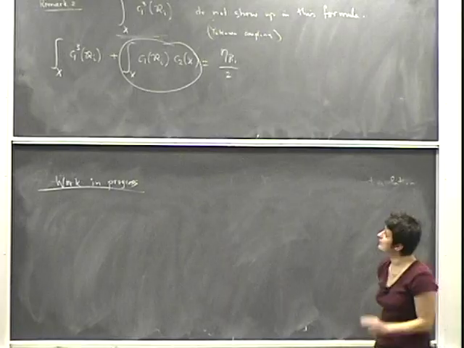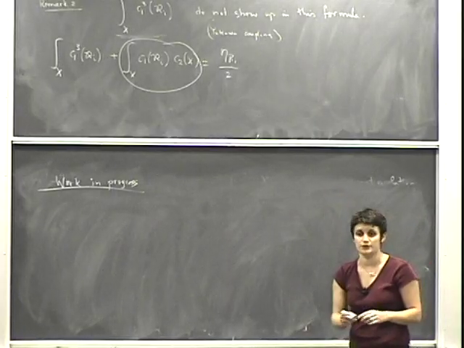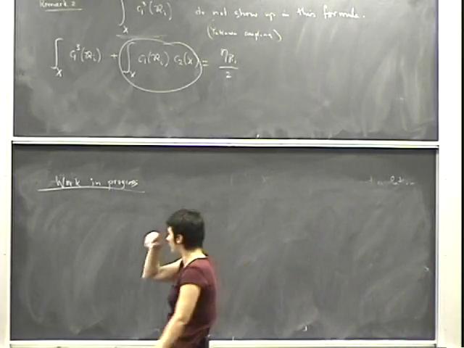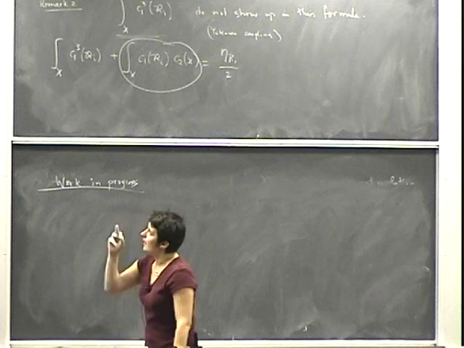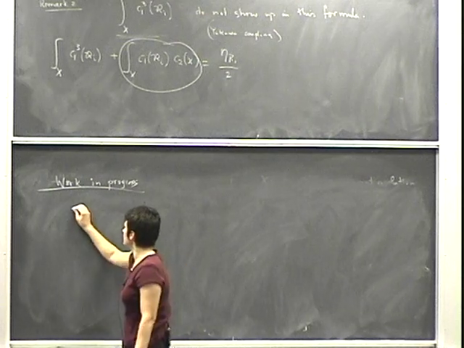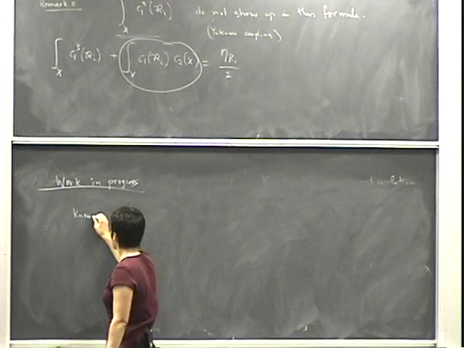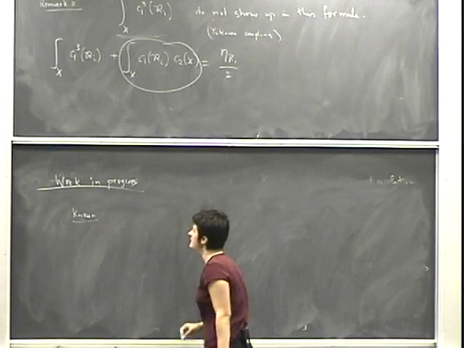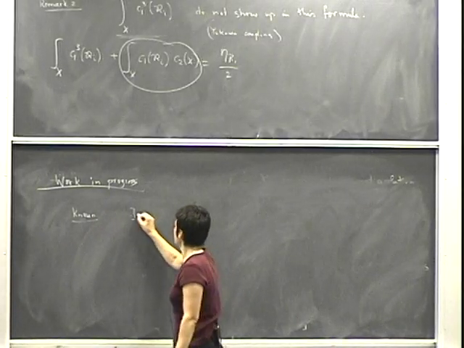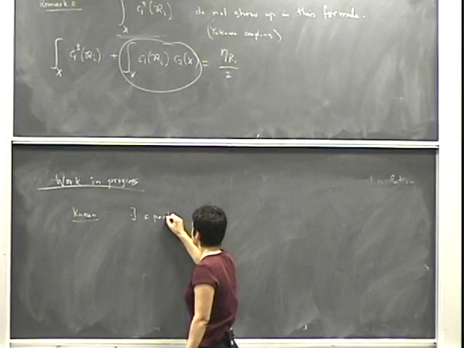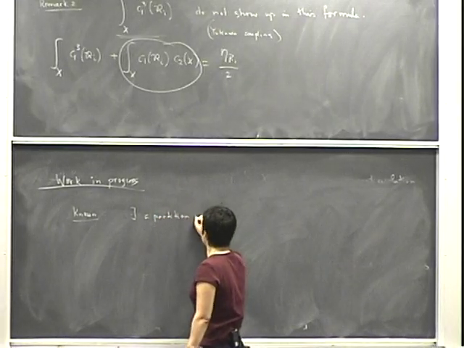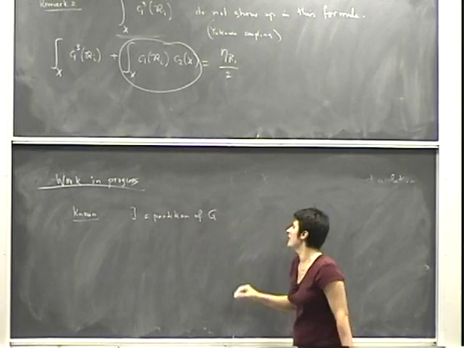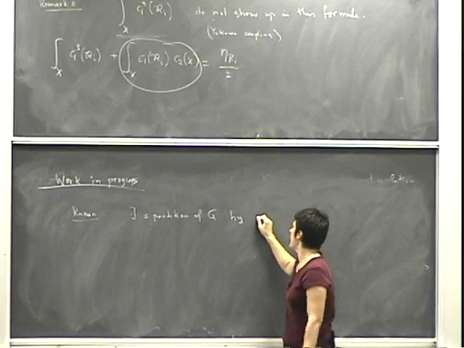Now, we need some sort of an adjunction formula over there. It's also known that there exists a partition on the group G by what's called age.